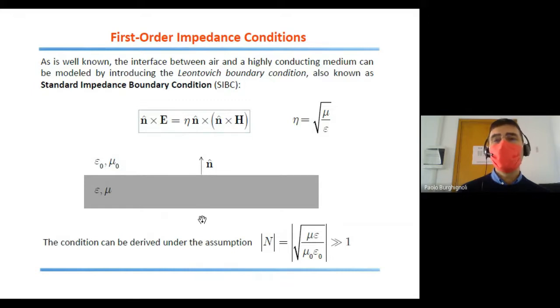And from this and the boundary conditions that relate the tangential components of the field at the interface, one can derive this impedance boundary condition, which is actually, in a proper sense, a boundary condition, meaning that one can solve an electromagnetic problem in the upper medium by enforcing this boundary condition at this interface and can neglect completely what happens in the lower medium. So this is a terminating boundary condition.